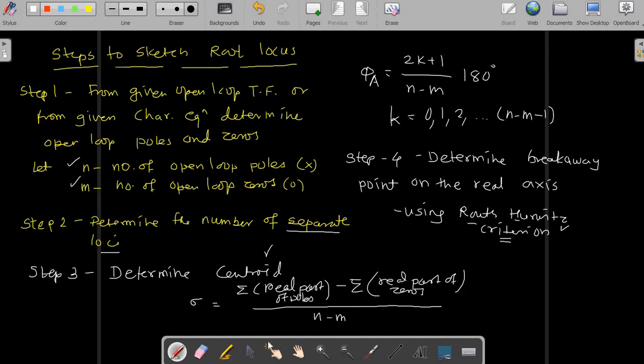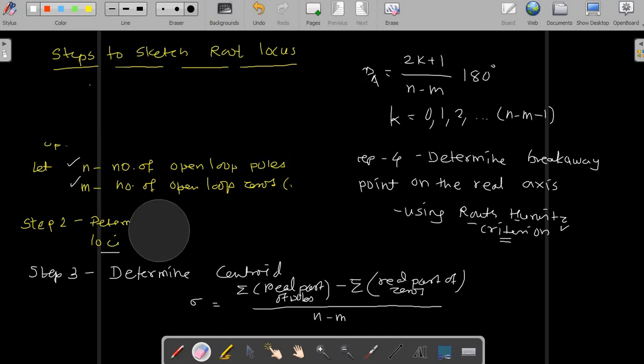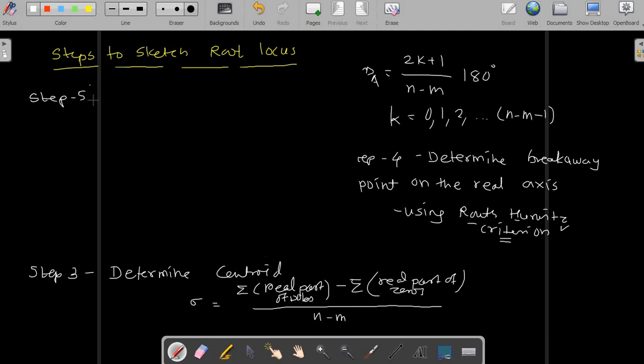Now let me erase some parts so that I can write the next step. Okay, next step is step 5. What is step 5?